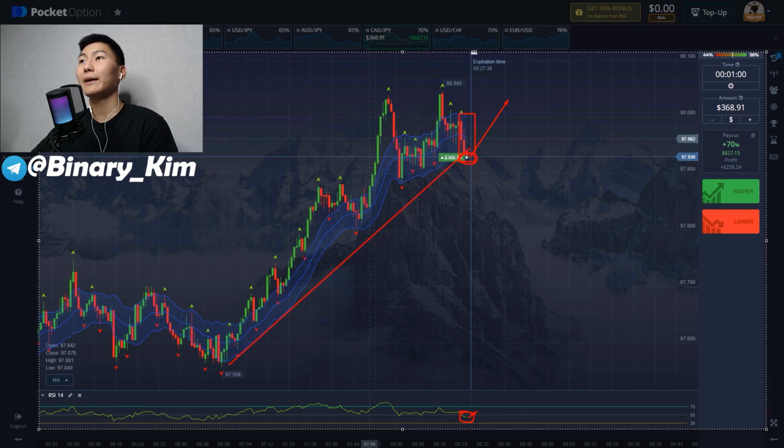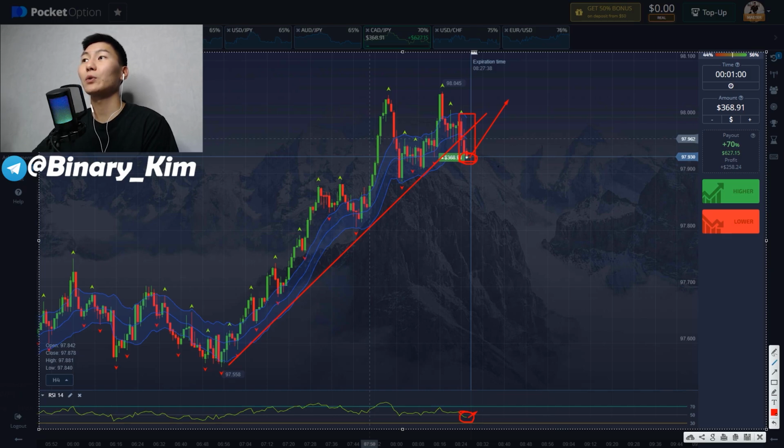If we look back, there was a good uptrend, so it's gonna continue because I don't see any signals for a change, so the price is gonna go up.